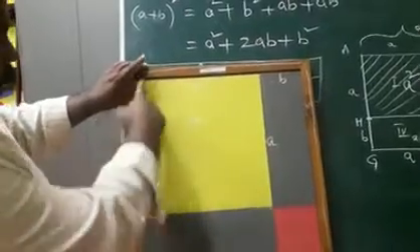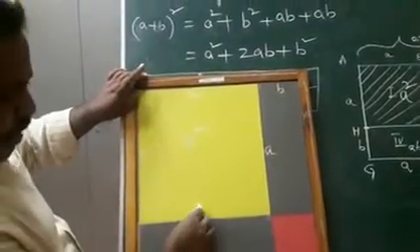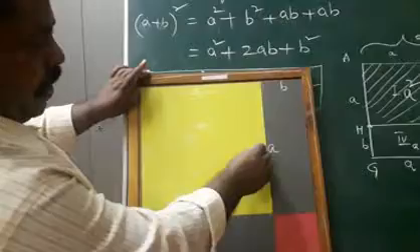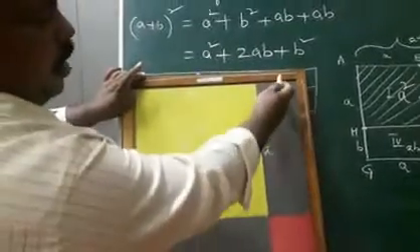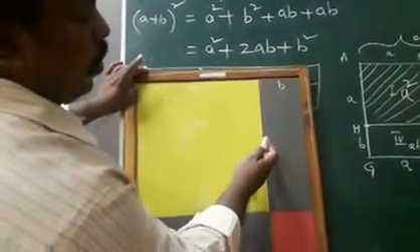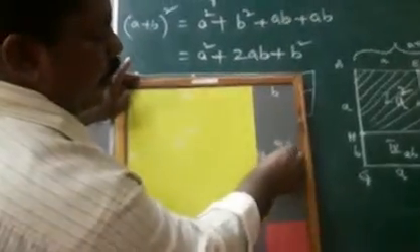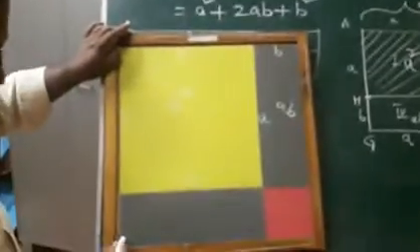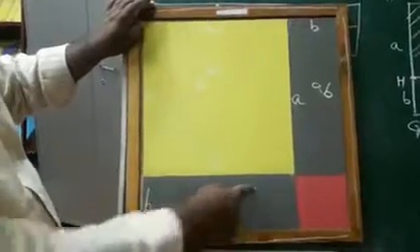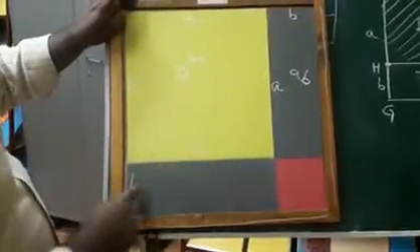Because this distance also A, this distance also A, here also A. Therefore, this is the rectangle piece. Area of rectangle is equal to length into breadth. Therefore, A into B. Okay children, see here, this is also same. This distance is B and this distance is A. Okay, this is also another rectangular piece. Therefore length into breadth, AB.